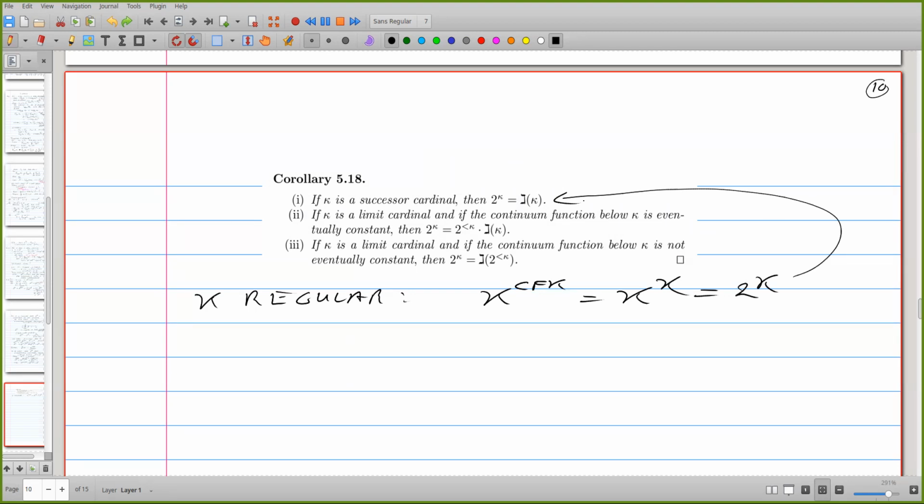And what I just mentioned is that we can use that to our advantage. Kappa is a limit cardinal, then 2 to the kappa is equal to the Gimel function if it's regular, and the Gimel function 2 to the kappa is bigger than or equal to 2 to the less than lambda. So that works.